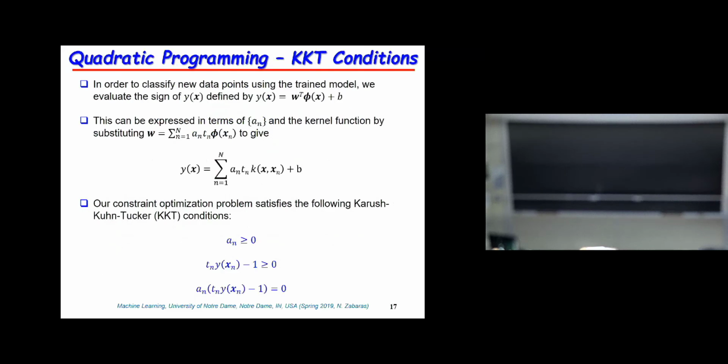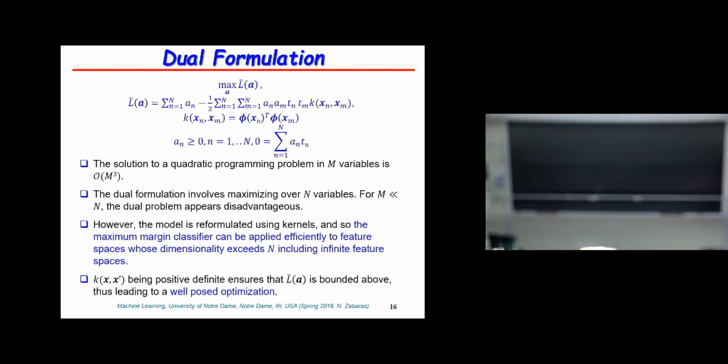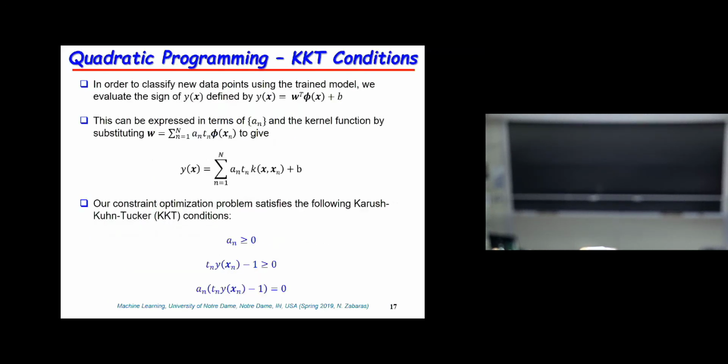Okay, so let's suppose we have solved this problem in terms of the alphas, and we now try to do predictions for a new x, and we want to compute y of x. Okay, y of x is given like that. So basically, we're going to substitute w inside this equation. Where did this come from?